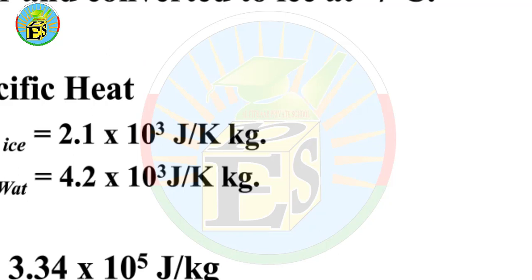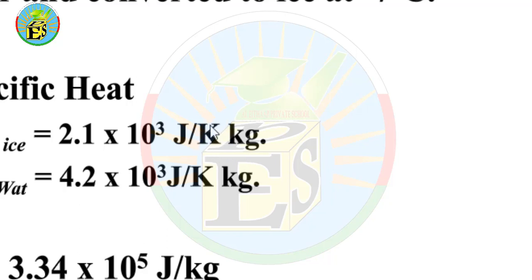Exercise 2. How much energy is released when 1.5 kilograms of water vapor at 100 Celsius is placed in a freezer and converted to ice at -7 Celsius? Specific heat for ice equals 2.1 multiplied by 10 to the power 3 joule per Kelvin kilogram.